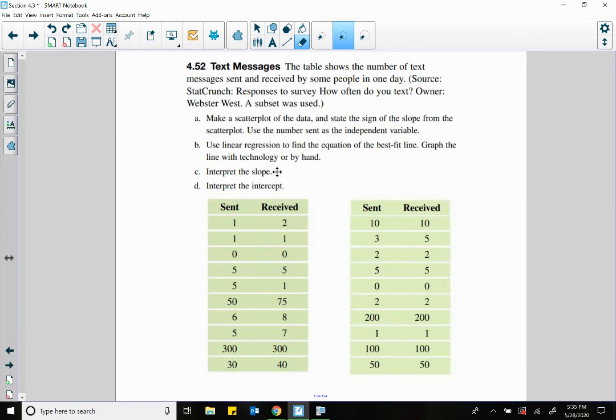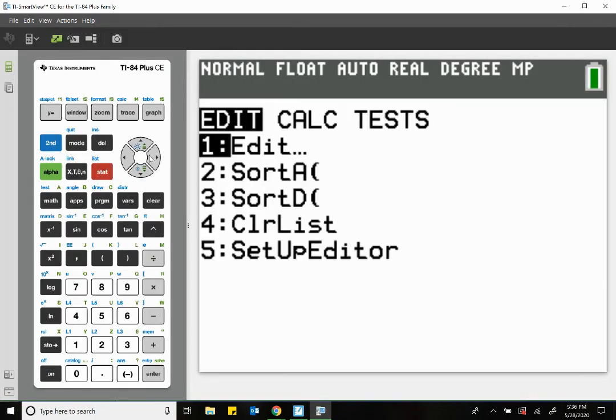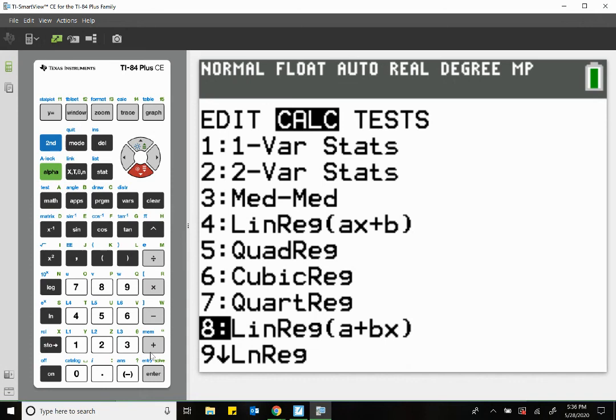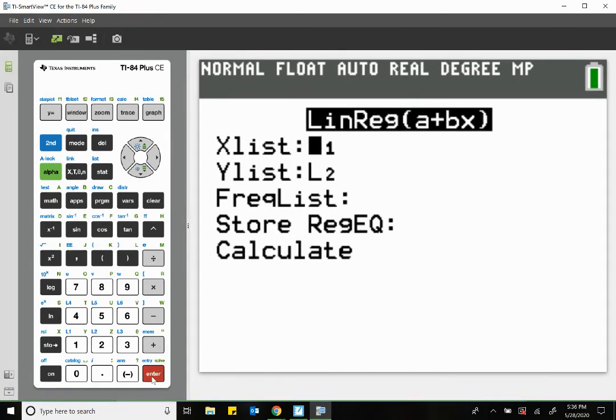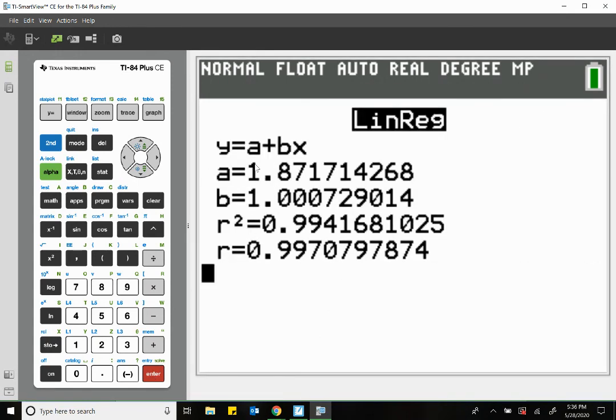Now find the linear regression. Well, in the calculator, you'll go to Stat, Calculate, and you'll scroll down to number 8, just like what we did in 4.2. Hit Enter, and hit Enter all the way down. And here's all the information.